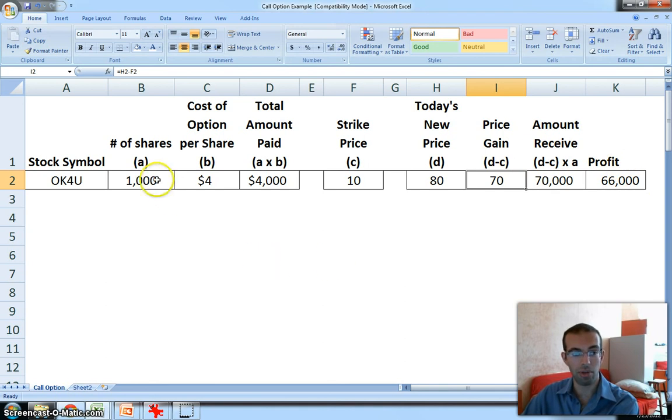Conversely, what you could do is double the number of shares that you had, 2,000, and then halve the cost of the option per share to 2, and then your strike price would be halved to 5, and today's new price would be 40, and then you would make the same profit.